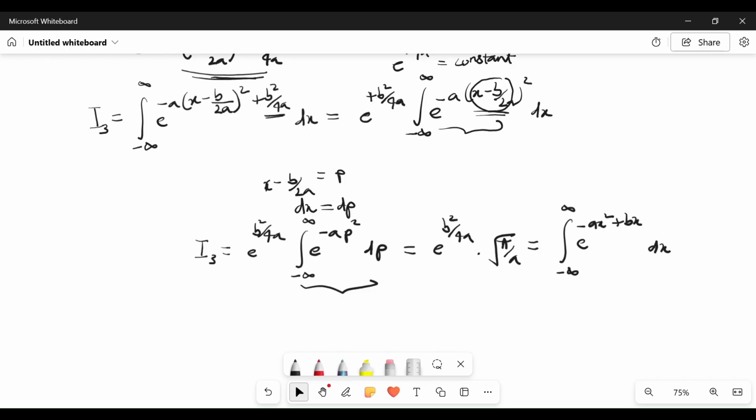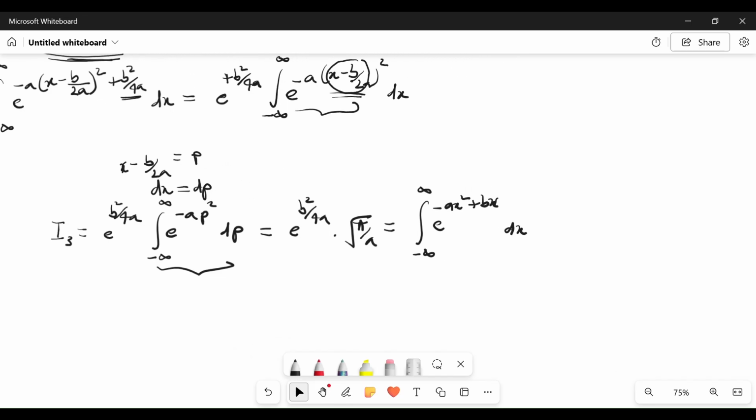Now this is important. Why I have discussed this is that if you are doing Fourier transforms, you will get terms like f of x into e raised to minus ikx, something like this.